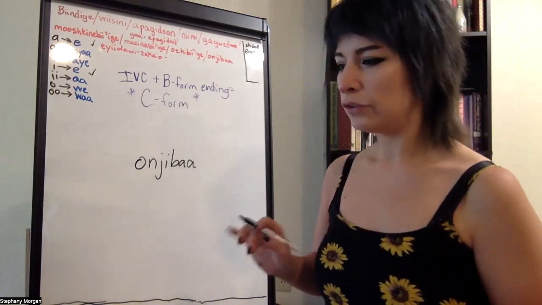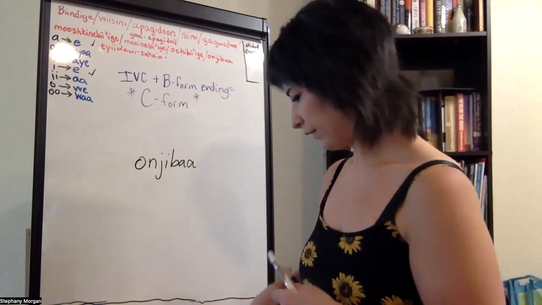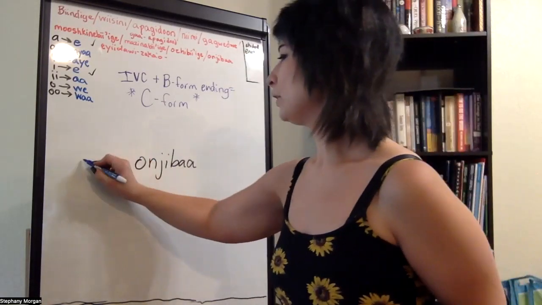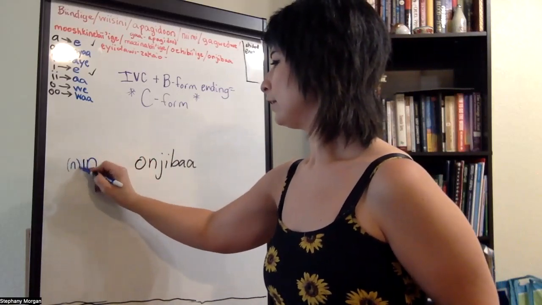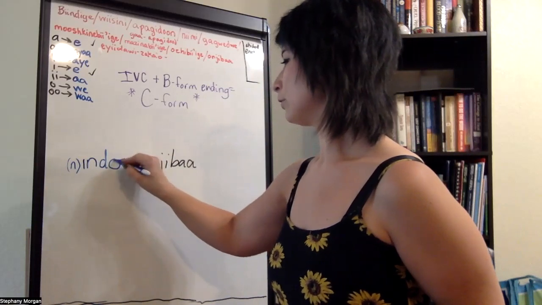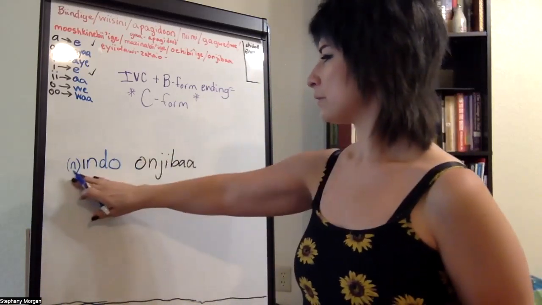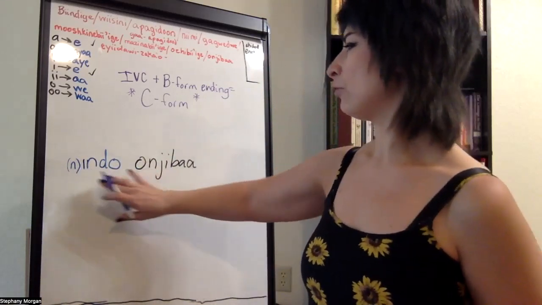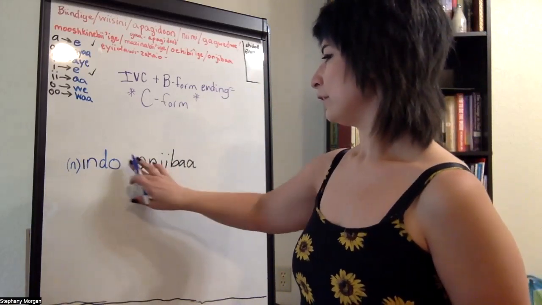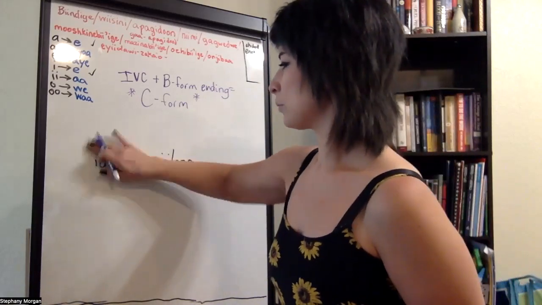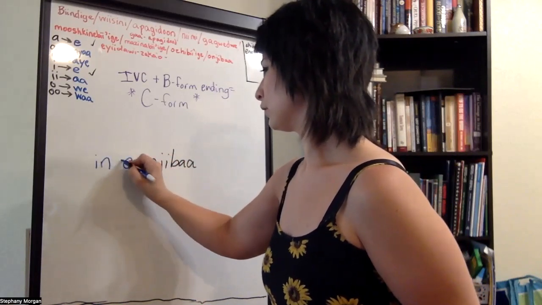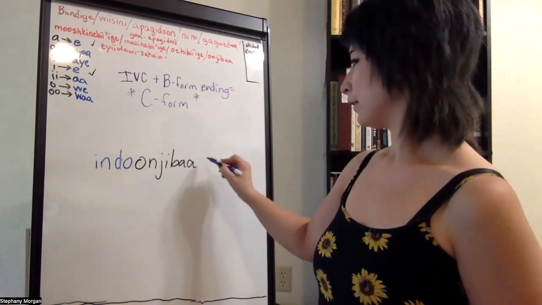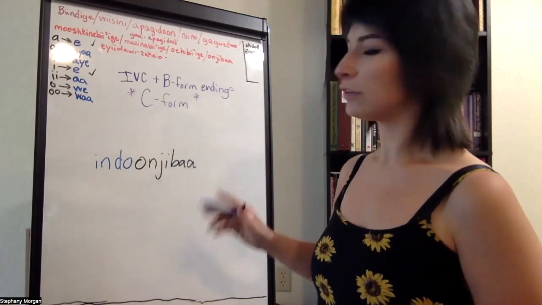When they say indunjiba, that's that form of nin that goes on the front in A form. And we add nindu or nindo to the front. It becomes indunjiba or nindunjiba.